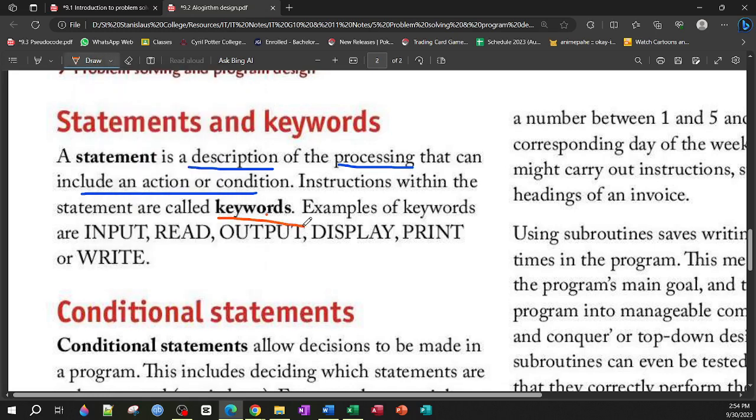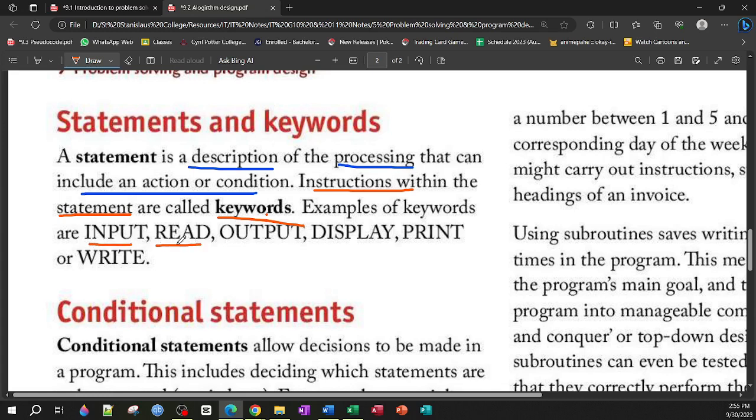Now, keywords are basically the instructions within the statement. A keyword is an instruction in the statement, once again indicating some sort of action. So keywords are within certain statements. So examples of keywords are input and read.